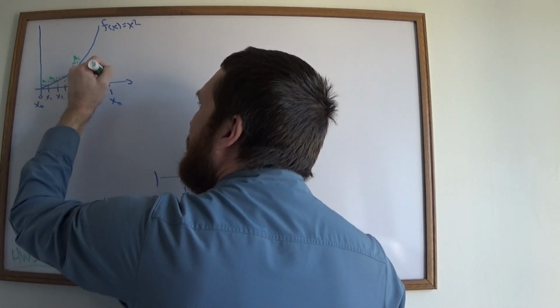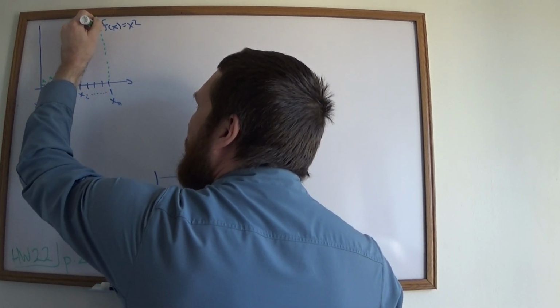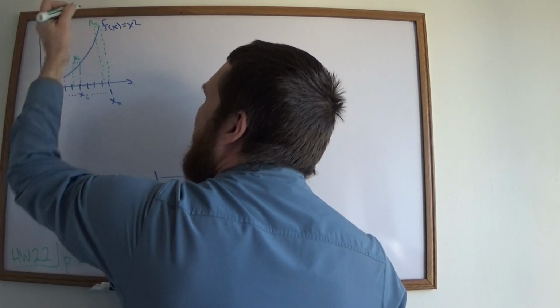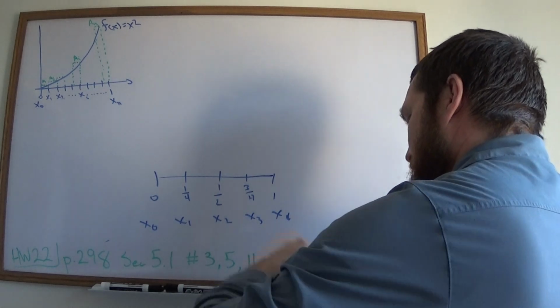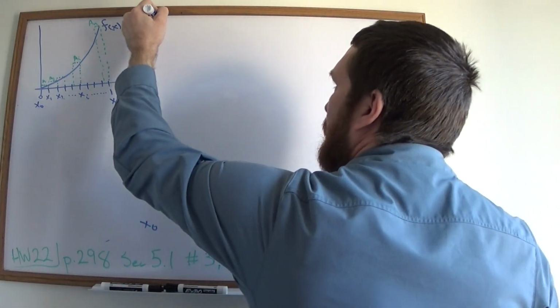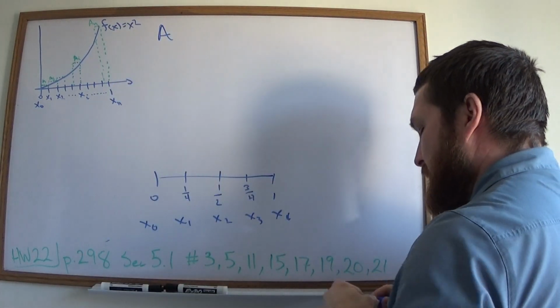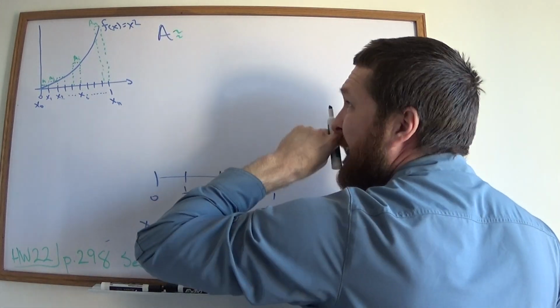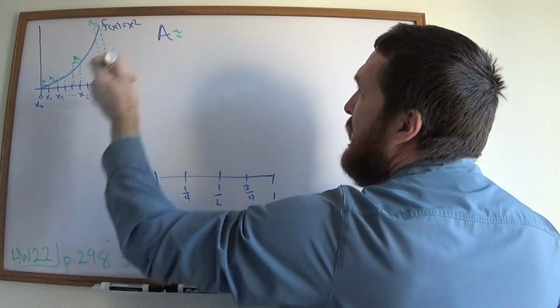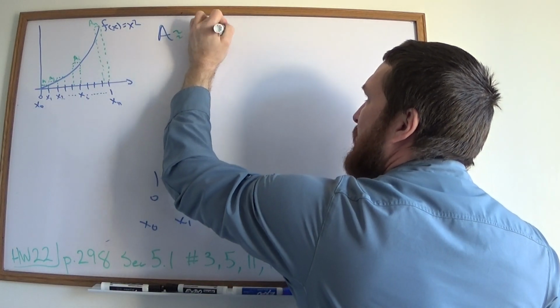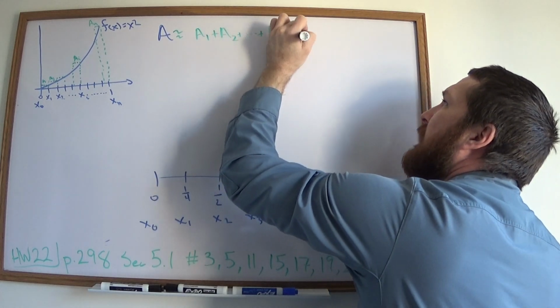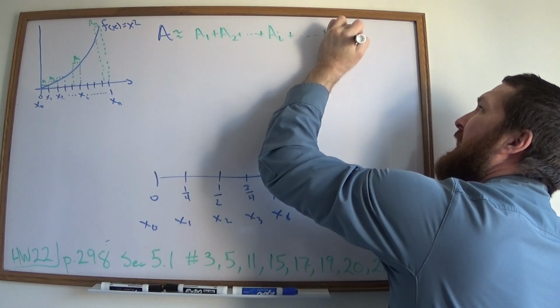And finally, the last area bit that I'm going to get is this one right here, which I'm going to call An. The area that I want is well approximated by A1 plus A2, all the way up to Ai, and finally we end at An.